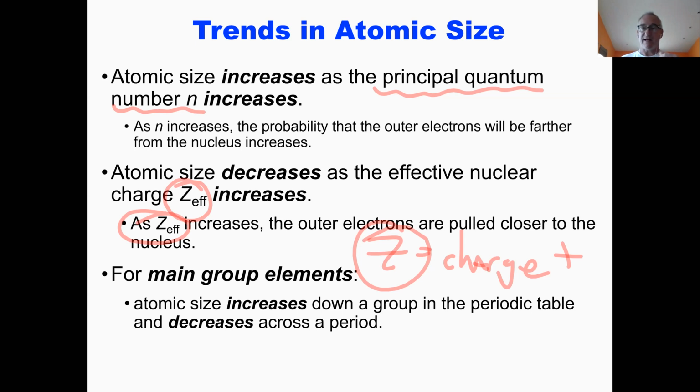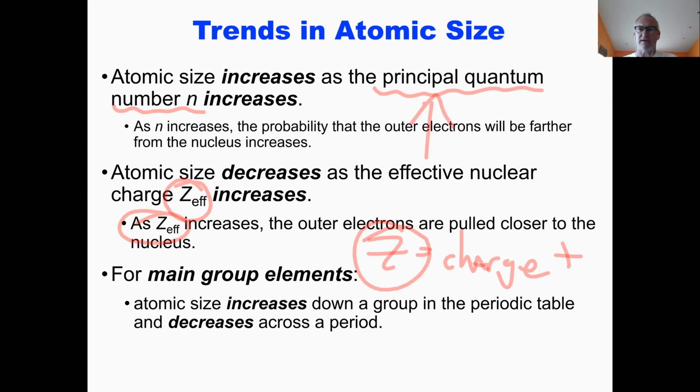Well, it's because, remember, as we go across the periodic table, we're dealing with the same shell. It's the same principal quantum number as we go all the way across. When we're in the third period, as we go across, every one of those atoms has electrons added to the third shell.